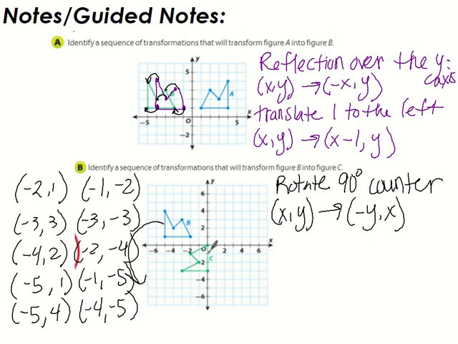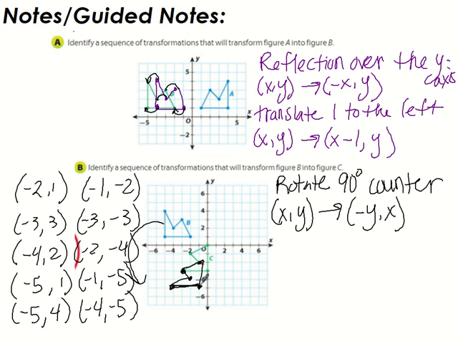Maybe I was right, it just looked weird. Negative 1, 2. Negative 3, negative 3. 2, negative 4. Negative 1, 5. And then 5, negative 4, 5. Oh yeah, there we go, much better. Sorry, guys.